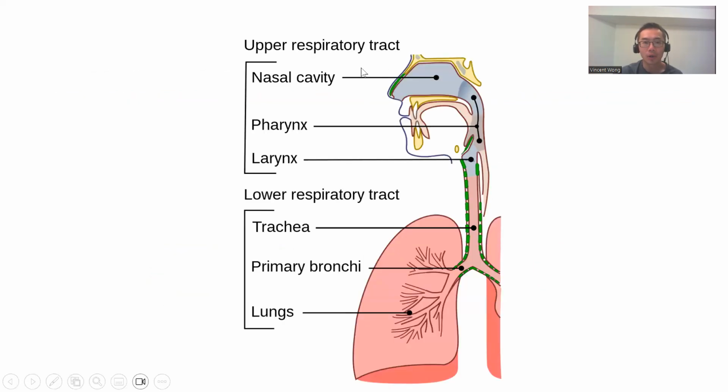Now, this is your respiratory tract. We breathe through our nose, although we can also do it through the mouth. But normally we breathe through the nose, and it goes all the way down to the lungs. Anything above the larynx, above and including the larynx, we call the upper respiratory tract. When you have an upper respiratory tract infection, you usually recover relatively quickly.